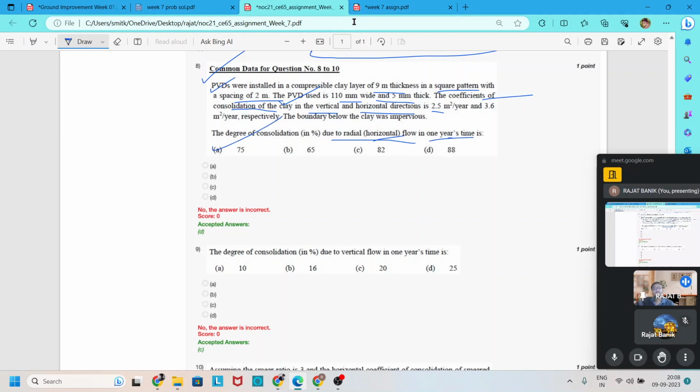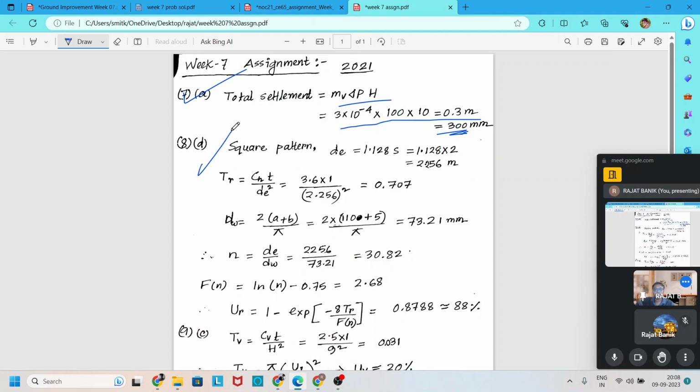For that, if you see in my slide, the solution is given here. For this, we need to first find out the diameter of the influence area for each drain. It is said that it is a square pattern.